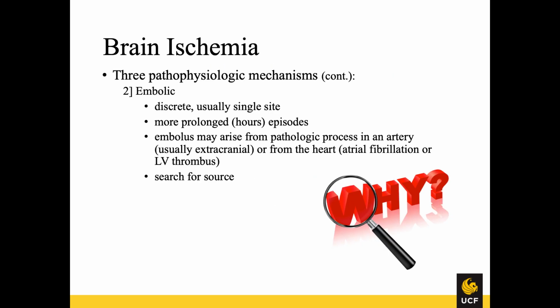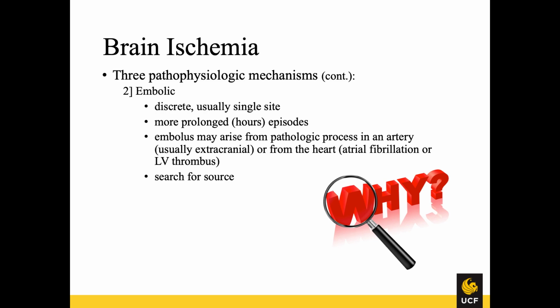So that was the first thing, this flow issue or low flow as being one of the main pathophysiologic processes associated with brain ischemia. The second one is embolic. This is discrete. It usually occurs in a single site. It's more prolonged, so the symptomology occurs for a longer period of time.